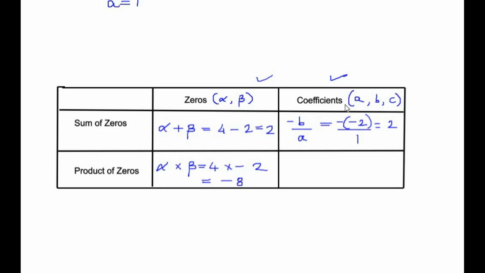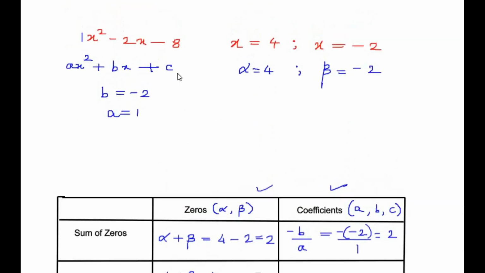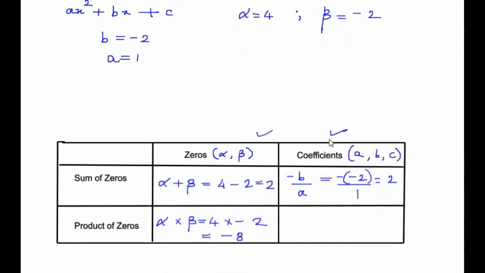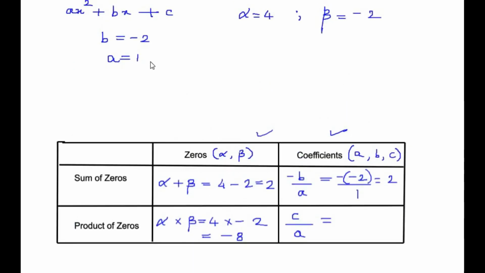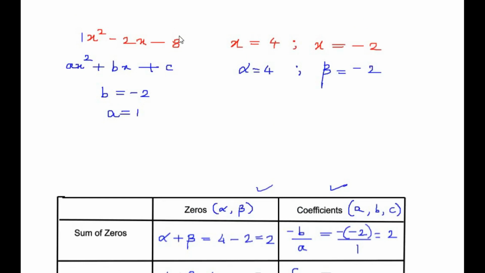Now in terms of coefficients, we write it as the constant term in the general form of the quadratic polynomial divided by the coefficient of x square. So we have c over a. By comparison, in place of c we have the constant negative 8, so c is equal to negative 8.